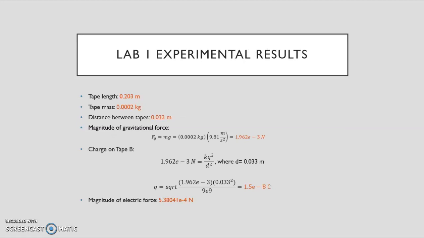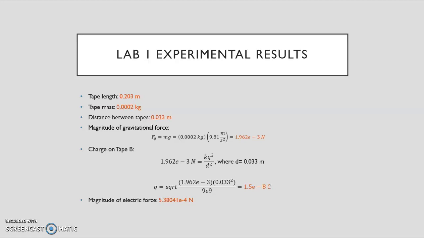So some experimental results from Lab 1 show us the tape length to be 0.203 meters, mass is 0.0002 kilograms, the distance between tapes that were floating was 0.033 meters, the magnitude of the gravitational force was found to be 1.962 times 10 to the negative 3 newtons, the charge on tape B was found to be 1.5 times 10 to the negative 8 coulombs, and finally the magnitude of the electric force, which was 5.38 times 10 to the negative 4 newtons.